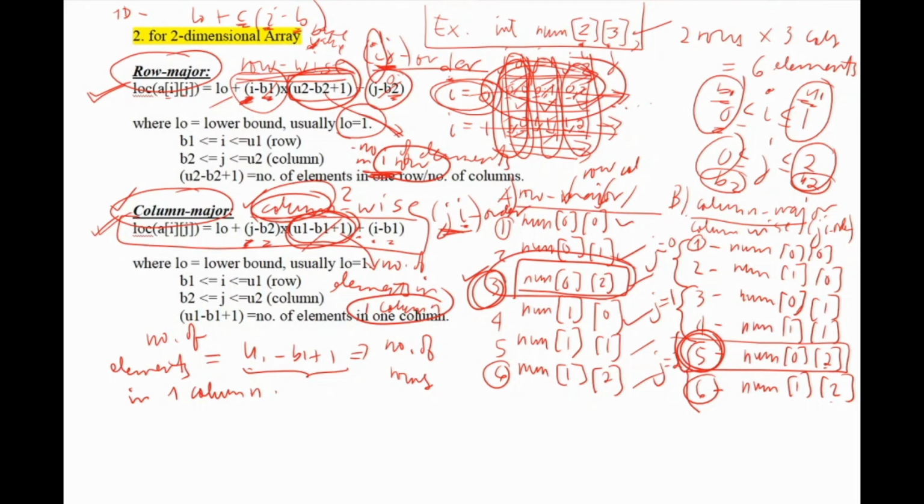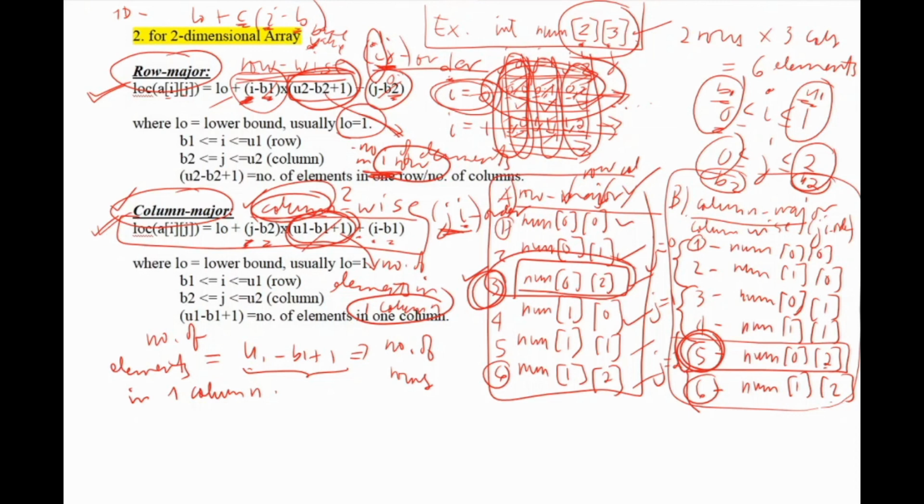So from our previous demo, we have listed here the elements for this example, a 2 by 3 2D array, and this is our row major order of the elements. And for the column major of the same 2D array, this is the order of the elements.